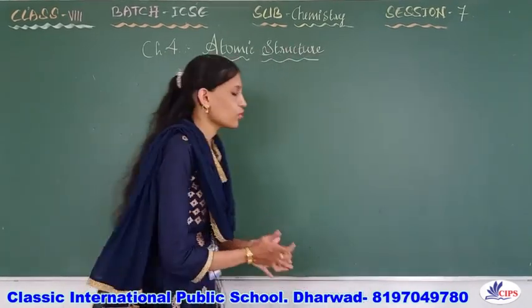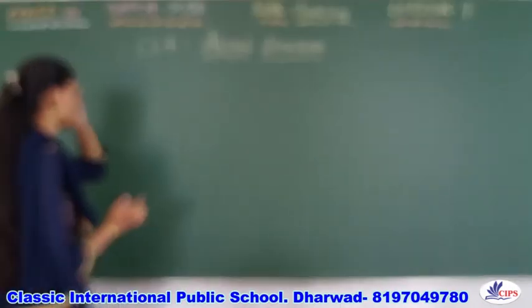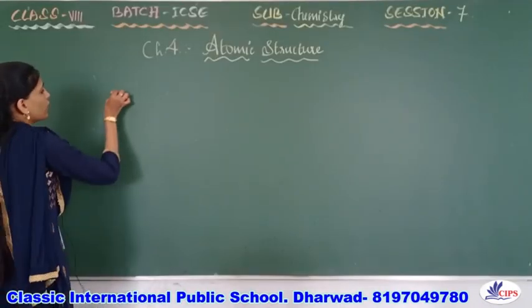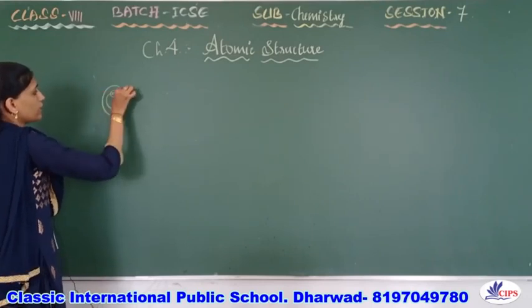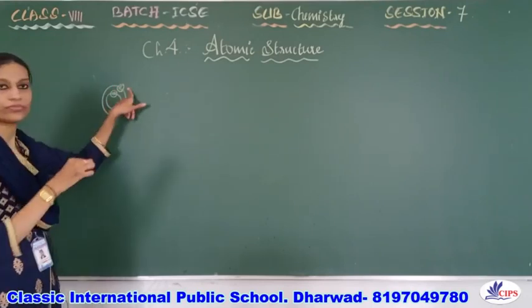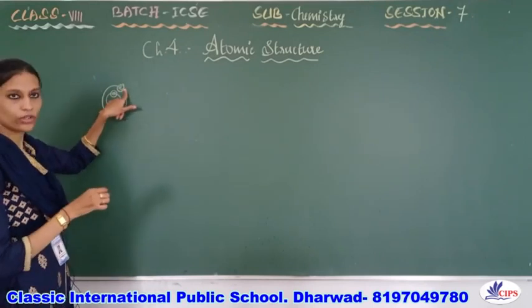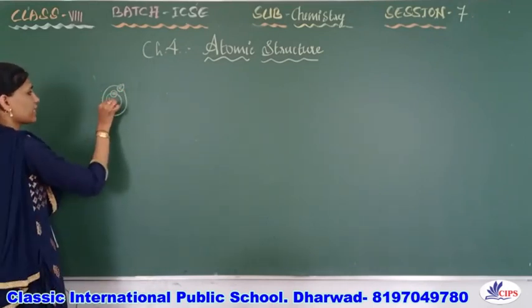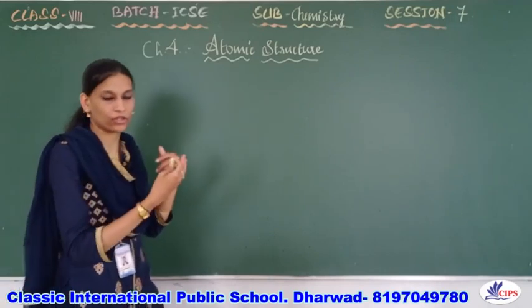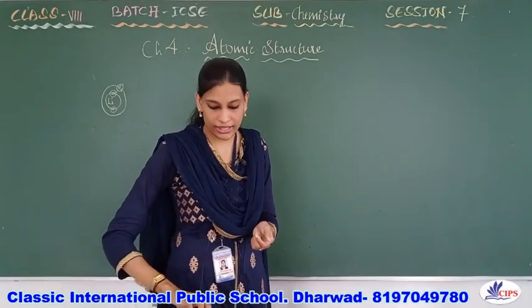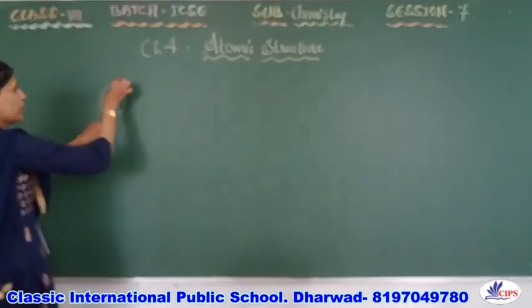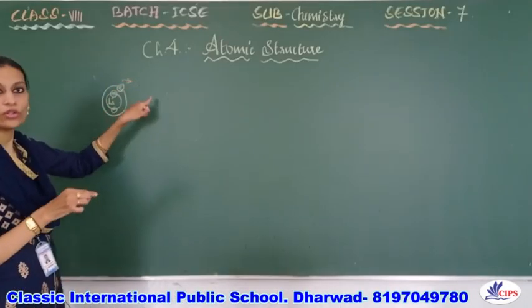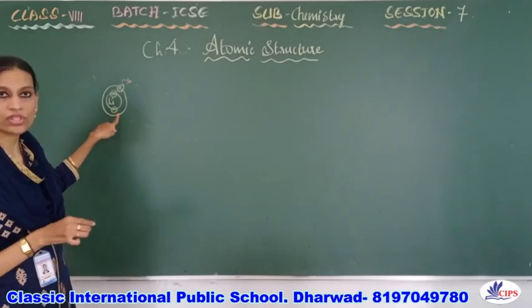Say for example, let us take an element which has 1 valence electron in its outermost shell. That is lithium. When it loses that electron, it becomes stable.